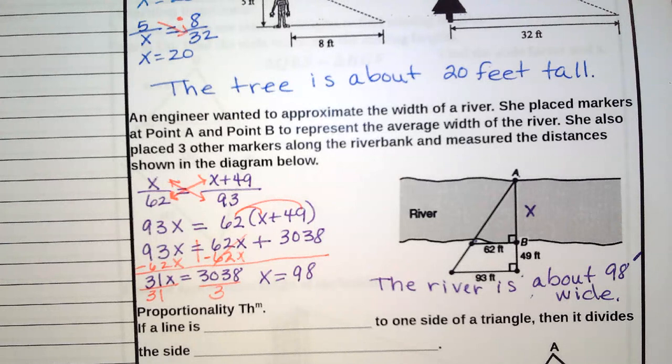Okay, the last thing you have to know about similar triangles is a proportionality theorem. This happens when you've got a side that's parallel.